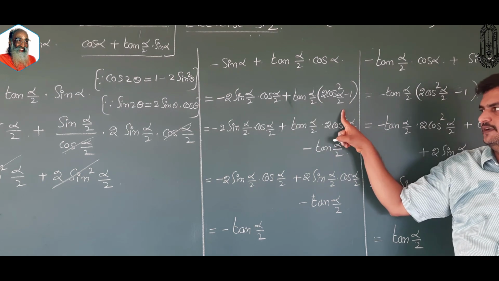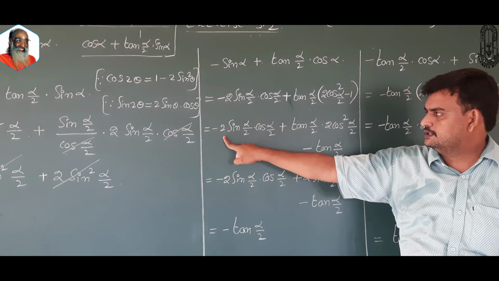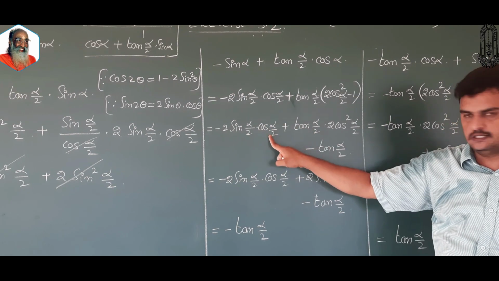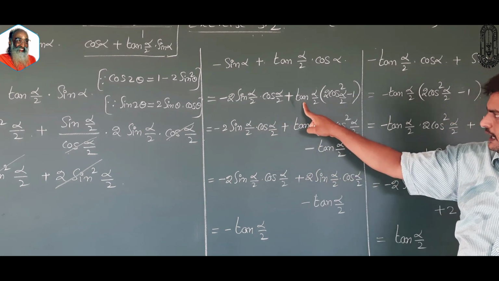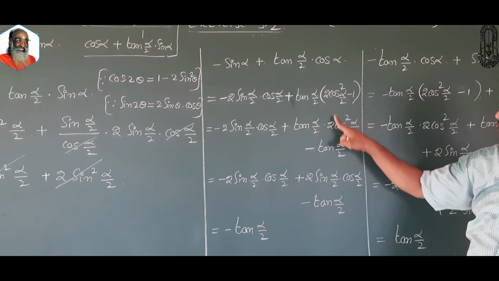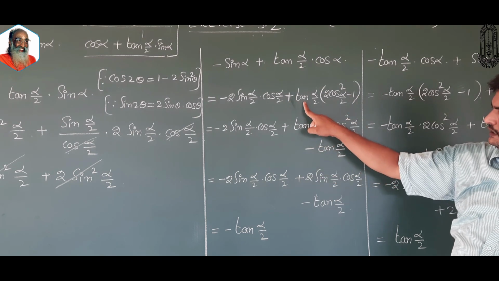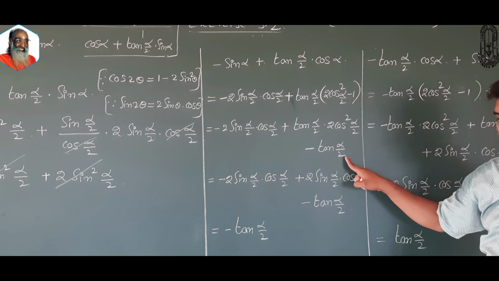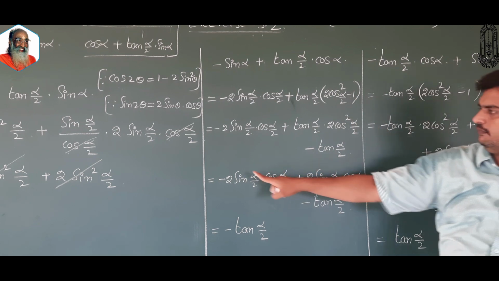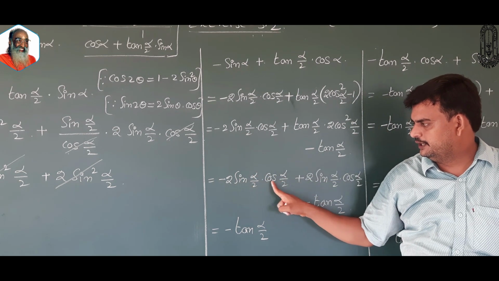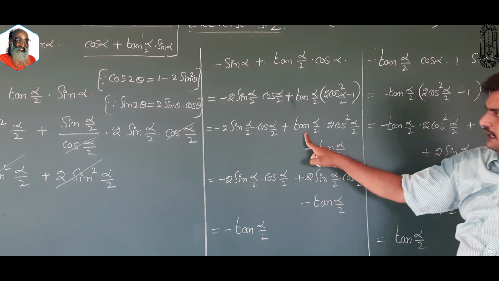Now we need to simplify this part. Minus 2 sin alpha by 2 into cos alpha by 2 plus tan alpha by 2 into 2 cos square alpha by 2, minus tan alpha by 2 into 1, that is tan alpha by 2.